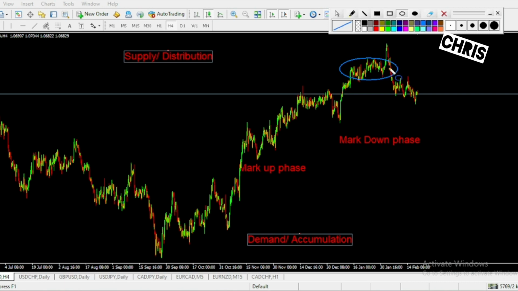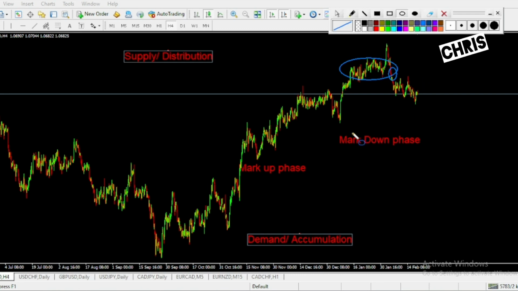It has broken the distribution zone. I do not want to use consolidation, because we are on supply and demand.